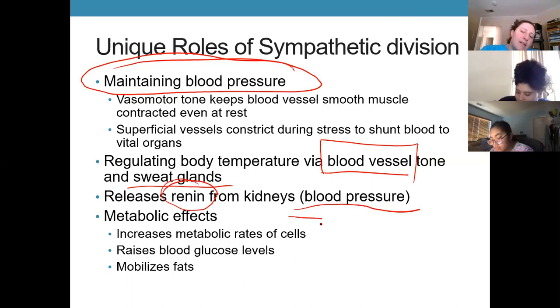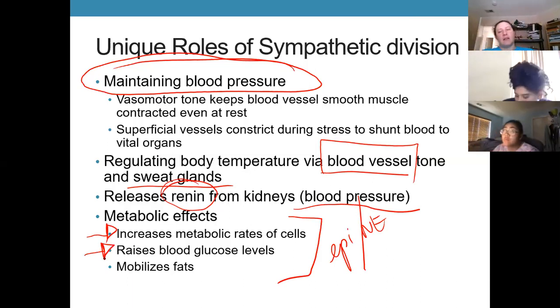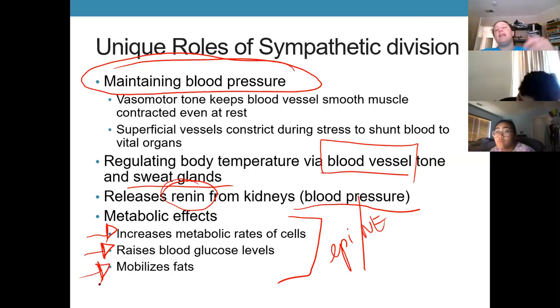And then that systematic release of epinephrine and norepinephrine in the blood from the adrenal gland has a variety of metabolic effects. So it overall increases the metabolic rate of cells. It increases blood glucose levels by acting on the liver. And it stimulates our adipose to mobilize fats. And the idea behind these metabolic effects is that if you are in a fight or flight situation, you want to make sure that your skeletal muscles and your heart muscle have enough fuel to properly supply whatever actions they're about to take.